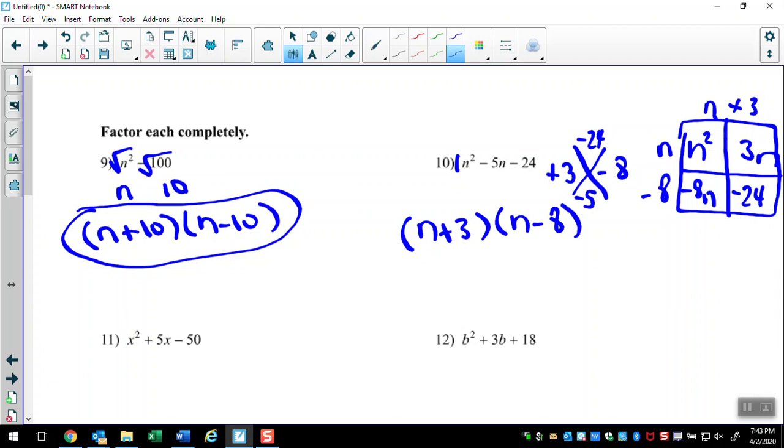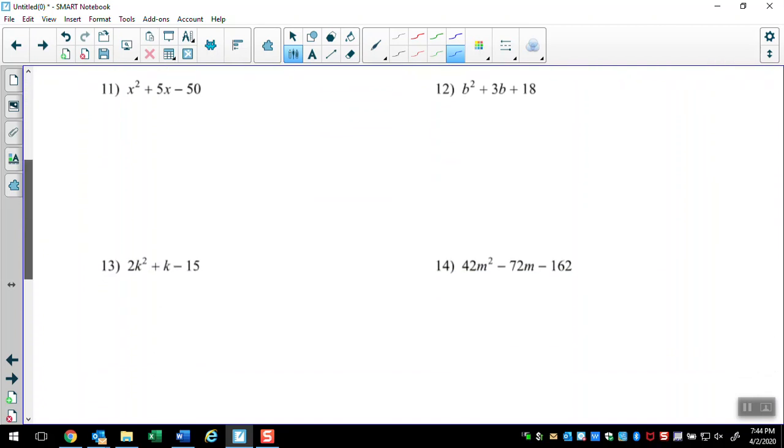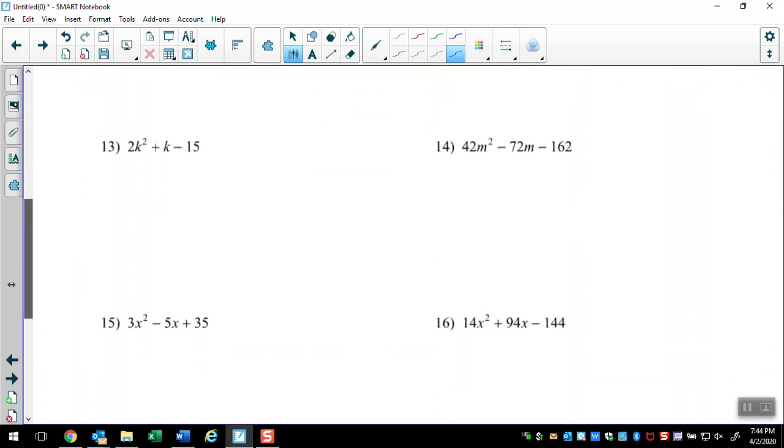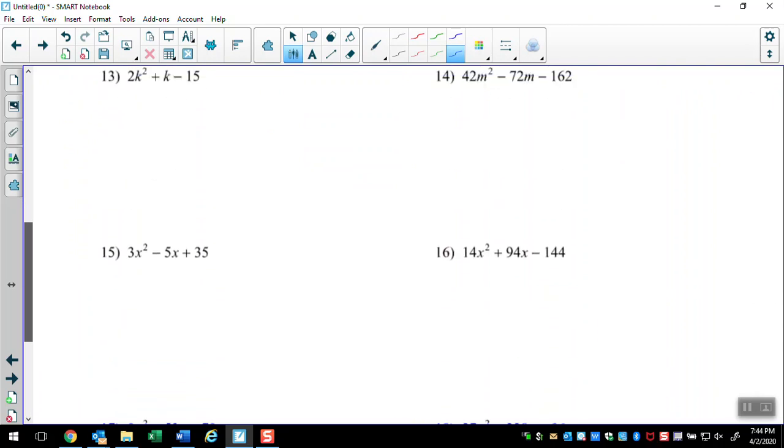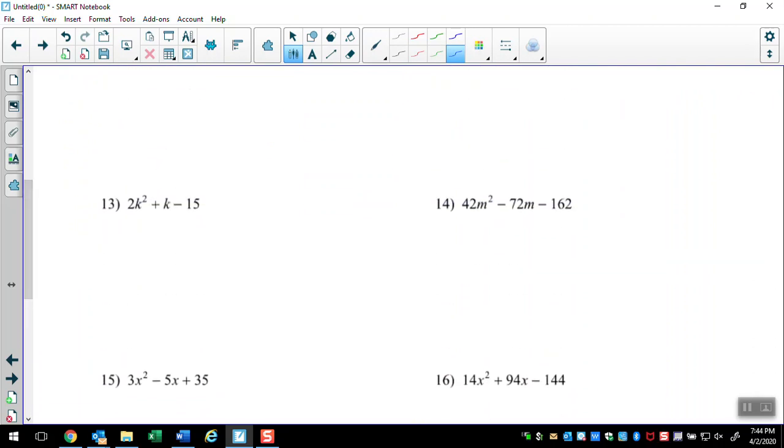What you might notice is if your leading coefficient is 1, we can actually skip this whole box because these guys right here are the same values that go here and here. That only works when your leading coefficient is 1. I'll do one more when your leading coefficient is not 1. So let's just do this one here.